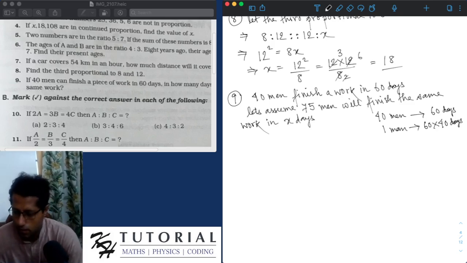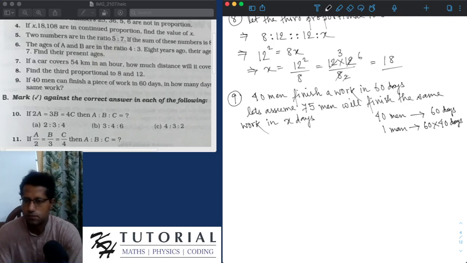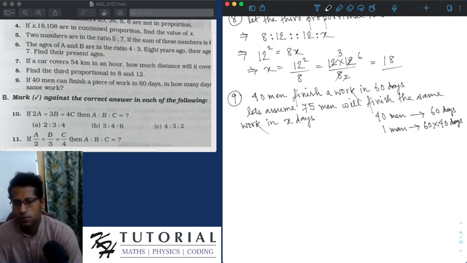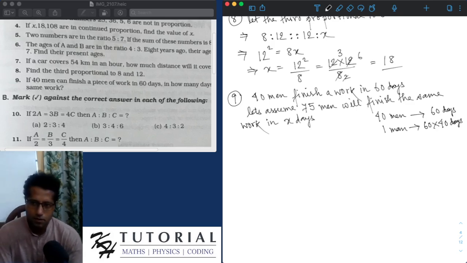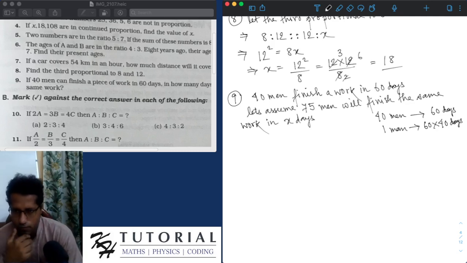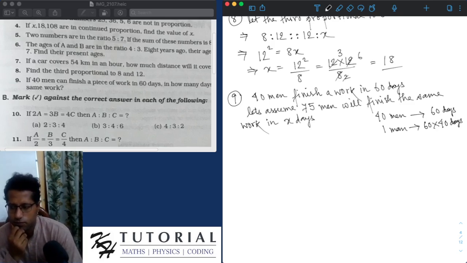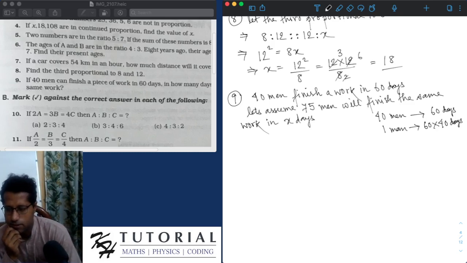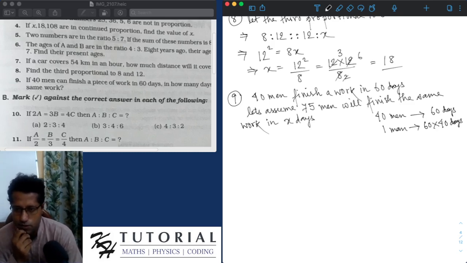Then only we can use the concept of proportion, because some ratio has to be the same. When it is saying that 40 men finish a work in 60 days, we have to identify a ratio which will always be the same, considering the fact that the efficiency of a single person is the same.